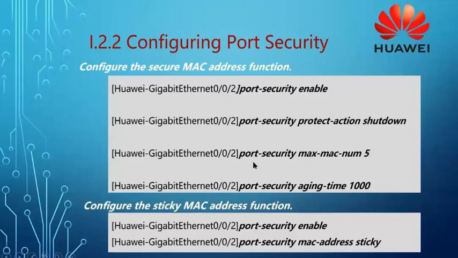So, how can we configure the port security? First, we need to enable this feature, which is disabled by default. On the port's line command, we type port-security enable.